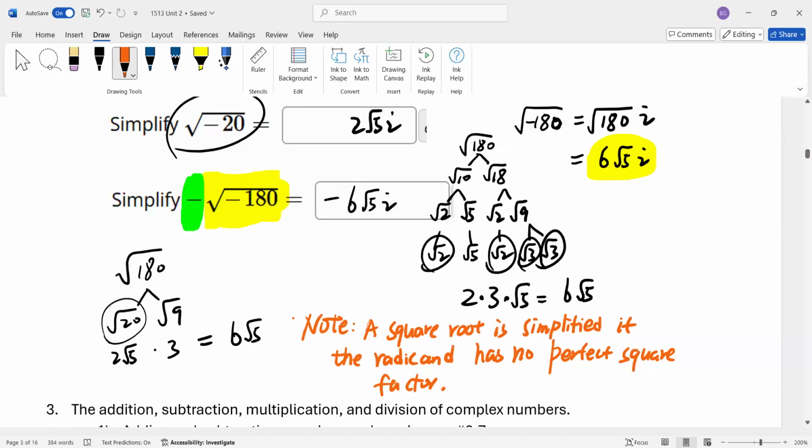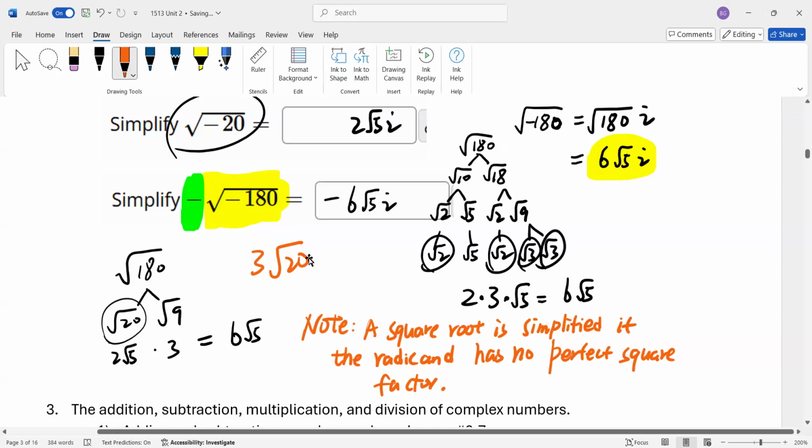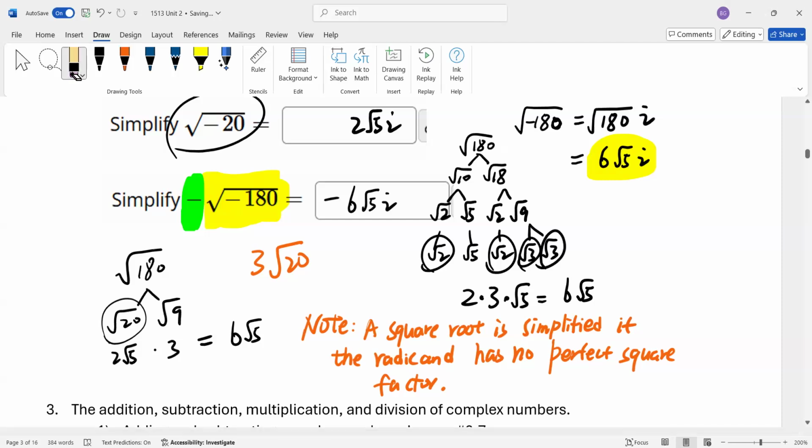And you are right, to simplify something, you must know how simple is simple. When you have 3 root 20, that's not done yet, because 20 has a perfect square factor. Well, maybe this is also kind of confusing because it's kind of abstract, right? Then how about this? You just try and keep going.